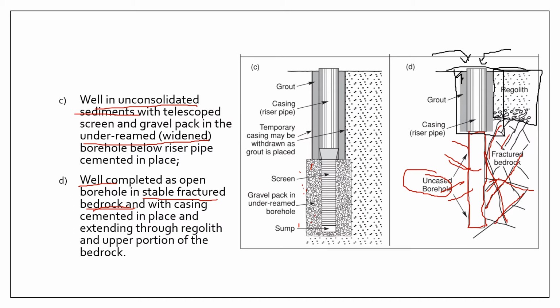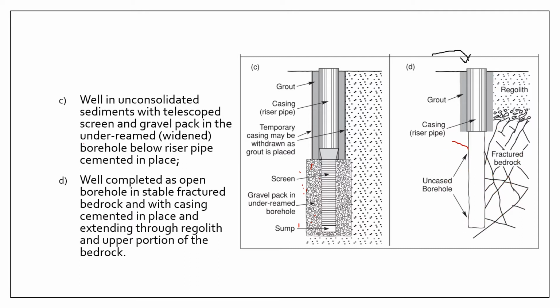All right. Now, as you can see here, we have two diagrams. The first diagram is showing you a well in an unconsolidated sediment, which used an under-reaming technology. So what they did here is they first drilled a small diameter hole, and then they deployed an under-reaming device that served to widen the hole at the bottom.